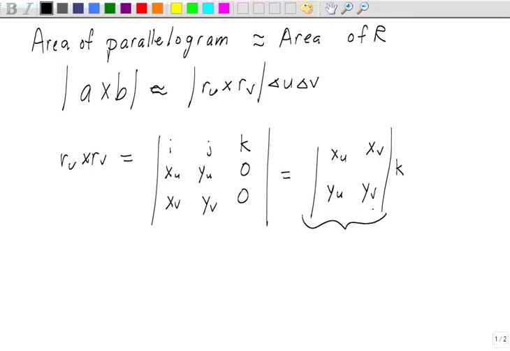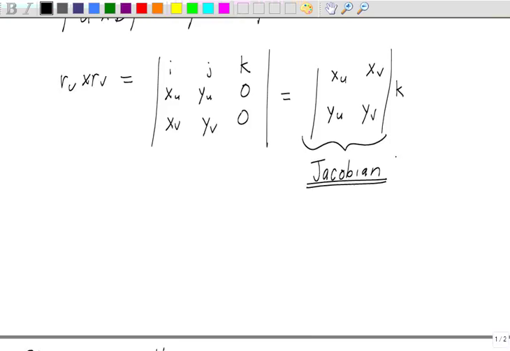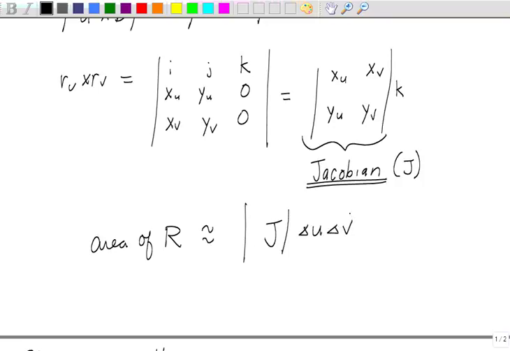And this is called the Jacobian, and we'll say that's J. The area of R is approximately the Jacobian times delta u delta v.